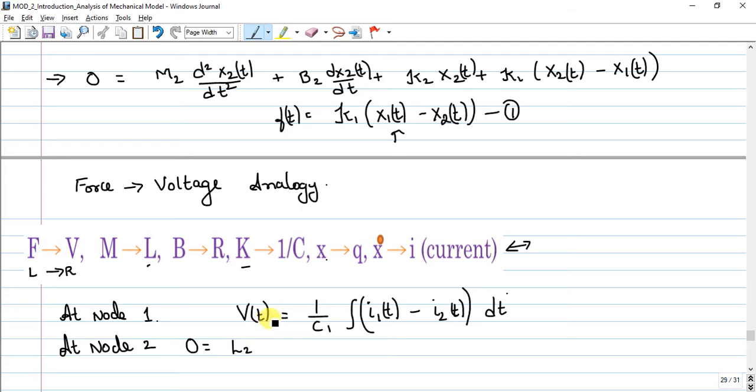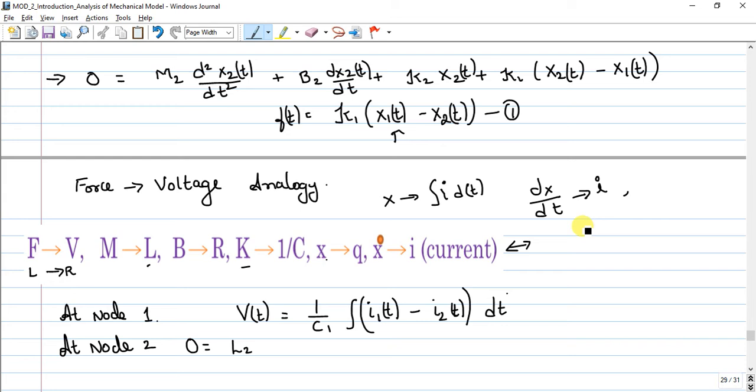Okay. So before considering this, I will add two more considerations. Here, x I will consider as integration of i dt. This is the replacement that we need to do. And dx by dt we shall consider as i.